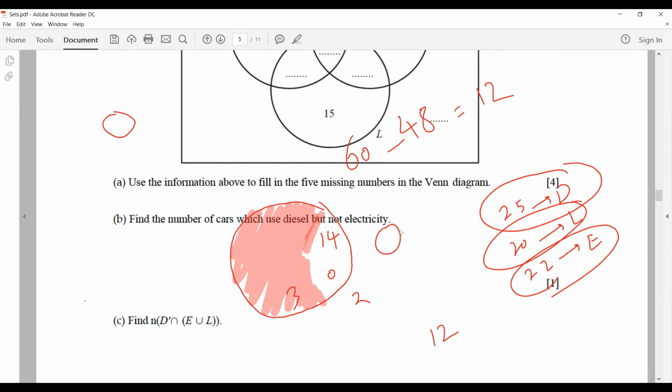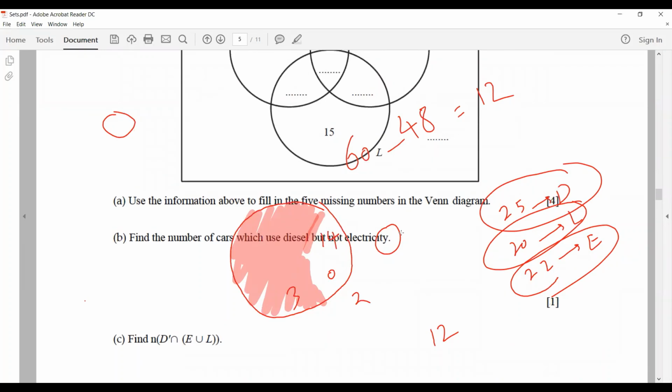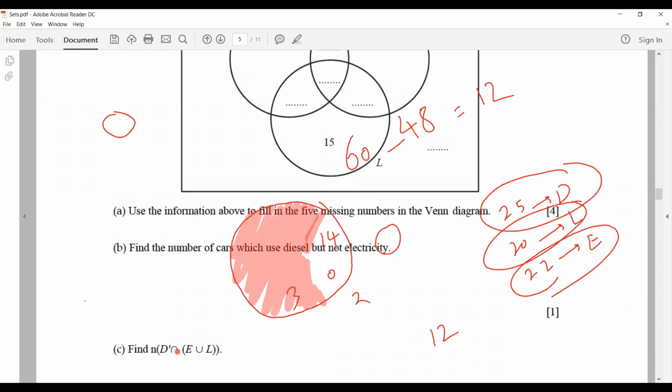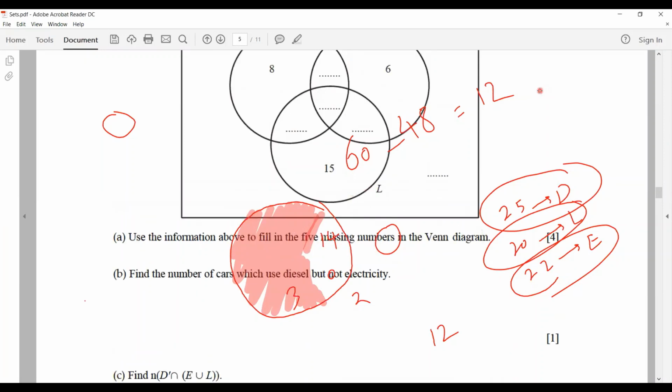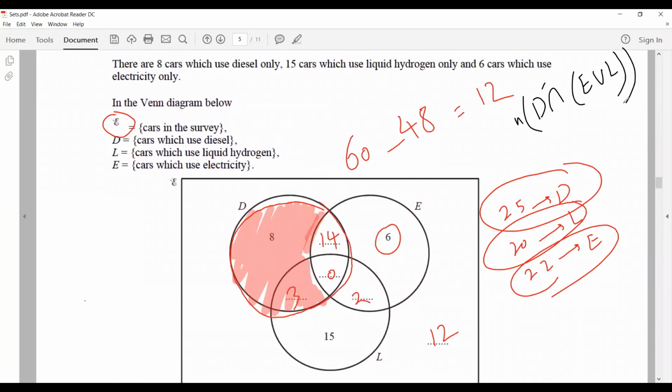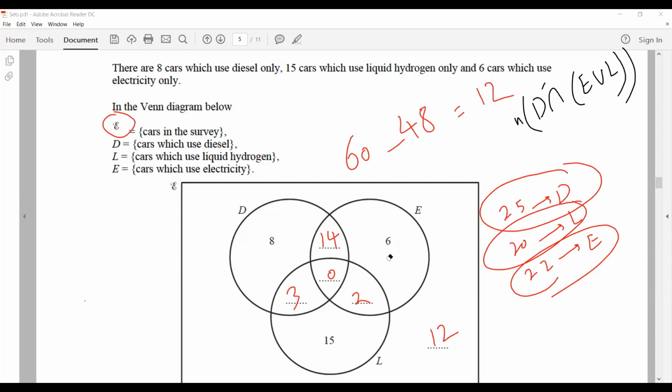Find, okay, the complement. Let me write it down somewhere here. The complement of D, intersect E union L. Okay, we're looking for the number. All right, so let's get back to our Venn diagram. D complement means anything outside D, and that would be this region.